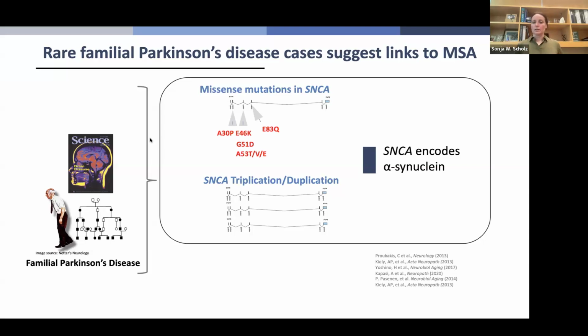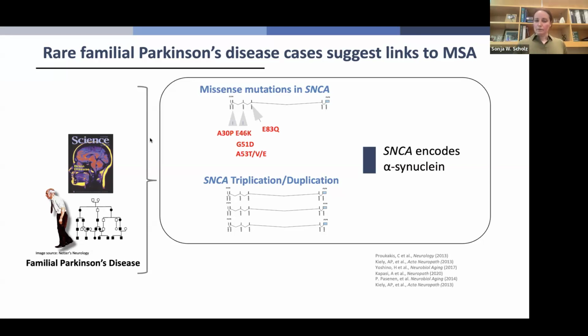This particular gene, curiously, encodes the alpha-synuclein protein that I've shown you is building up in multiple system atrophy. And although when we screen for these exact mutations in our multiple system atrophy patients, we don't actually see them.